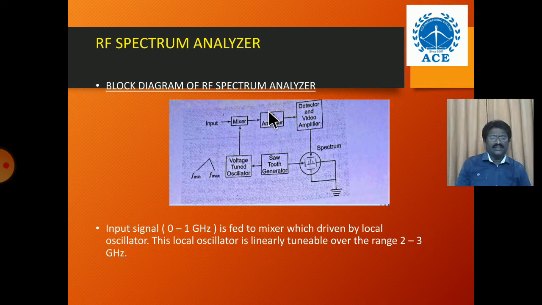Thus, the timing of the spectrum analyzer is a swept receiver, which sweeps linearly from 0 to 1 GHz. The sawtooth wave signal is also applied to the horizontal plates of the CRT. So this is a sawtooth generator, which generates a sawtooth wave for the horizontal plates of the CRT. This is the function of the RF spectrum analyzer.